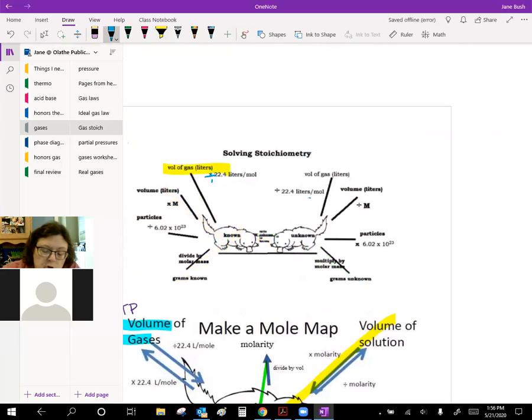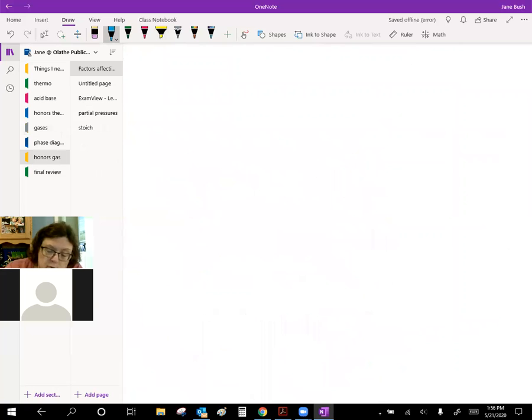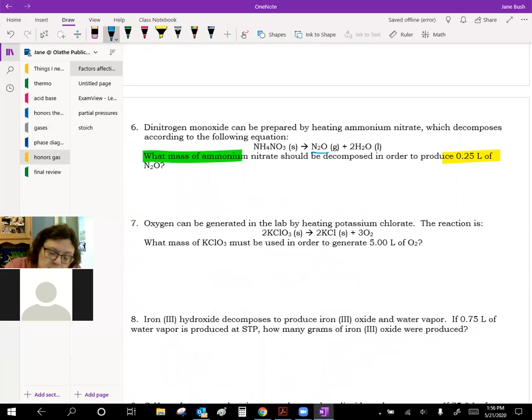So the first thing we're going to do is take volume divided by 22.4 liters per mole. So our volume is 0.25 liters. We're going to divide by 22.4 liters in 1 mole. What is my ratio of dinitrogen monoxide to ammonium nitrate? It's 1:1.